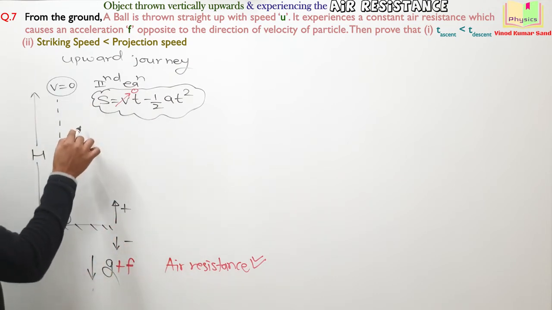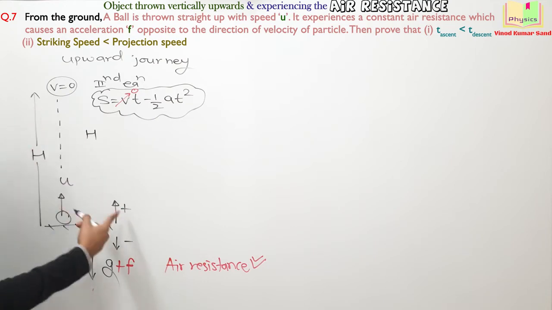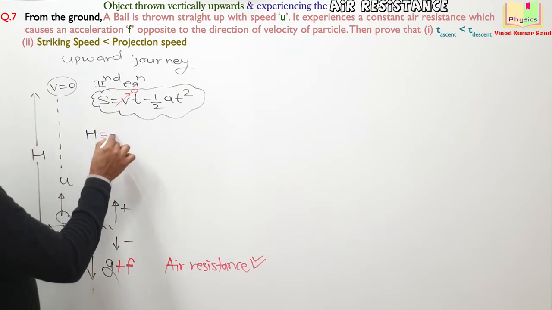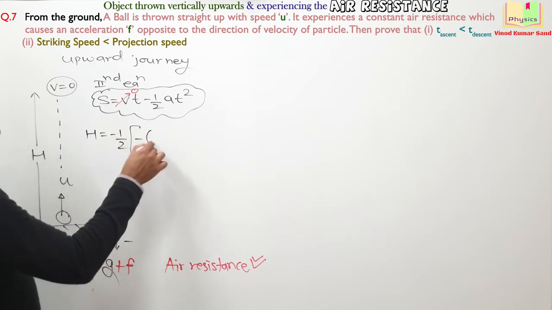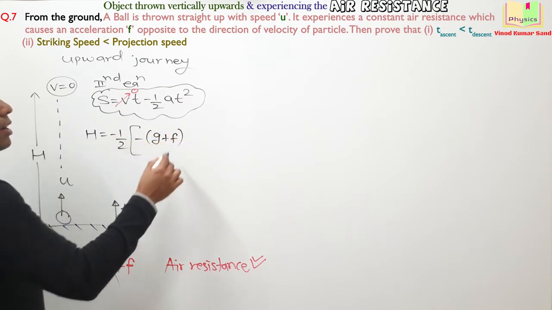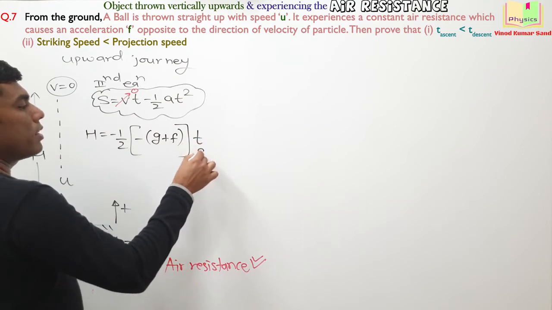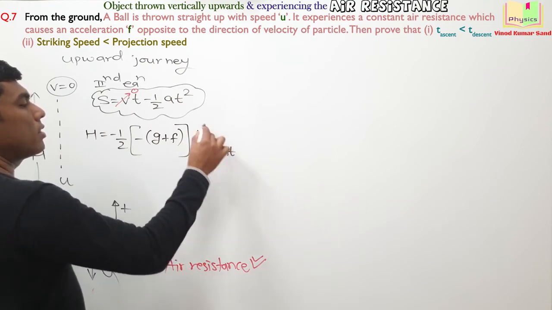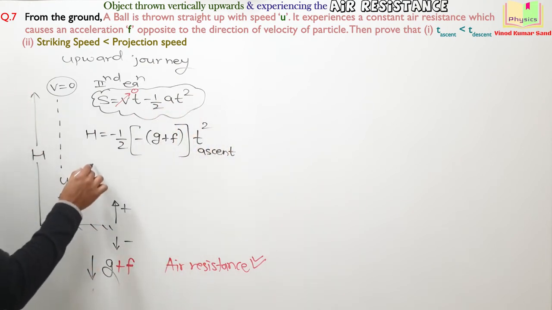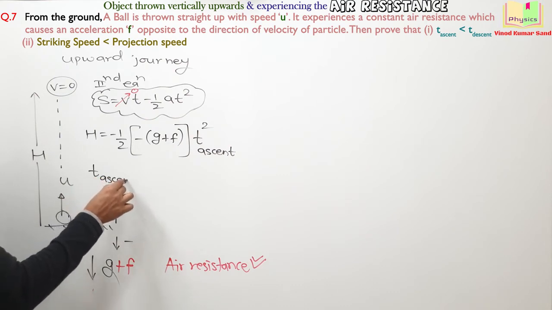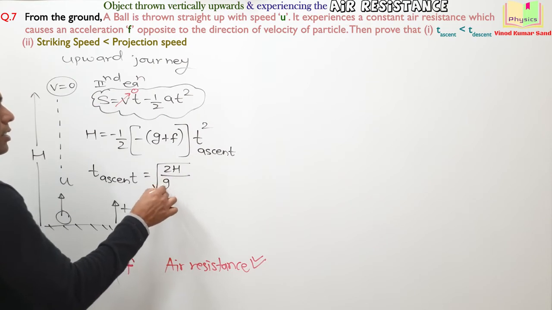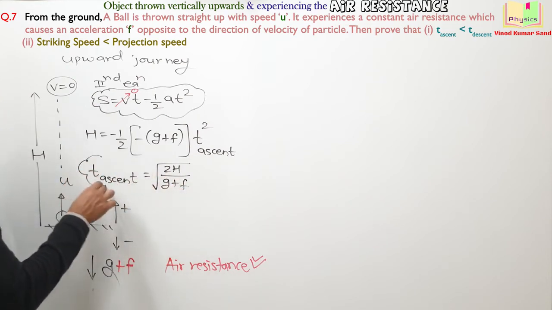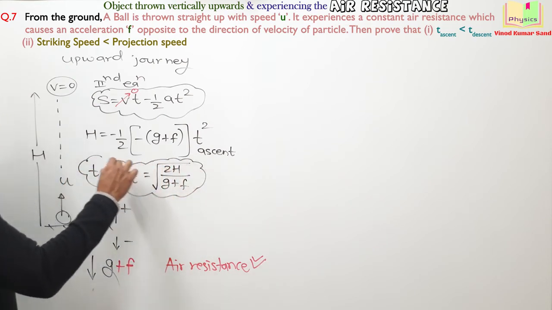The displacement s is written as h in the positive direction, equal to minus half, the acceleration is in the downward direction, so minus (g plus f), multiplied with time of ascent square. This gives us the time of ascent is equal to root of 2h by (g plus f). Okay, keep it with you.